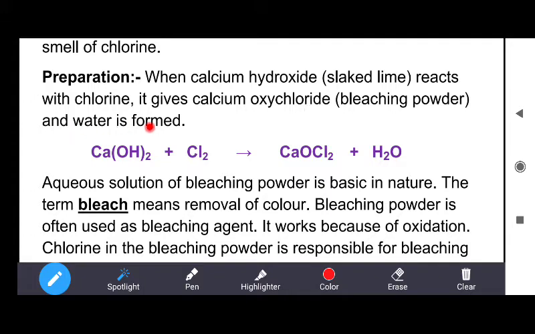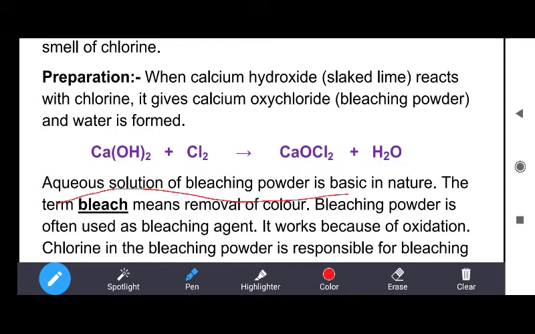So firstly, calcium hydroxide when reacting with chlorine, bleaching powder is formed, and the formula of bleaching powder is CaOCl2. You can check the reaction. There is one Ca and two OH, in which Ca, one oxygen and two chlorine react together to form bleaching powder, and remaining H and OH combine together to form water molecule.